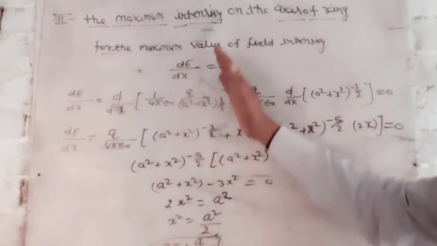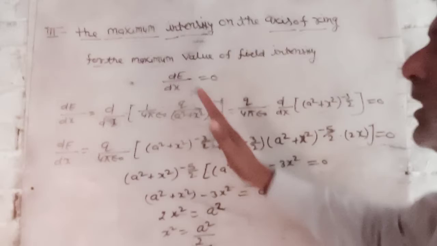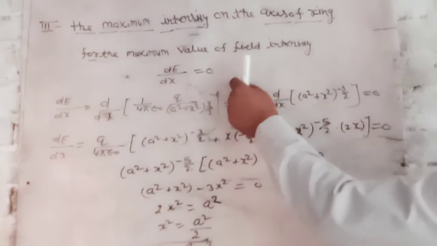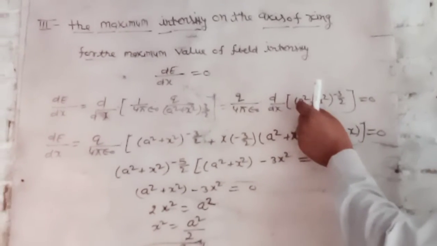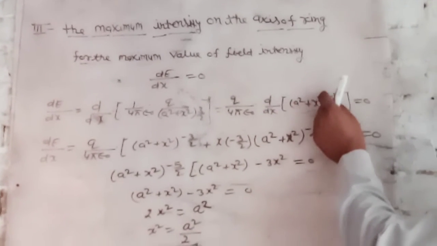We know Q by 4 pi epsilon naught is constant, so Q by 4 pi epsilon naught into d by dx into bracket a square plus x square power minus 3 by 2 is equal to 0.